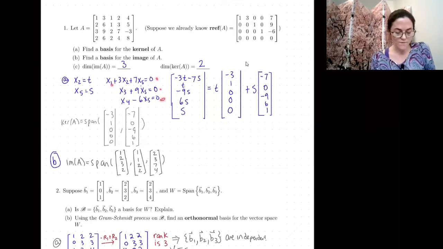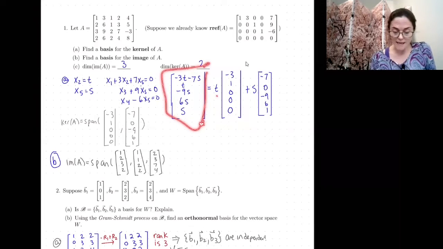For example, x1 is minus 3t minus 7s, x3 is minus 9s, and x4 is positive 6s, just like this. So we get this one vector, which is a general vector in the kernel of this matrix, where t and s can be any real numbers.